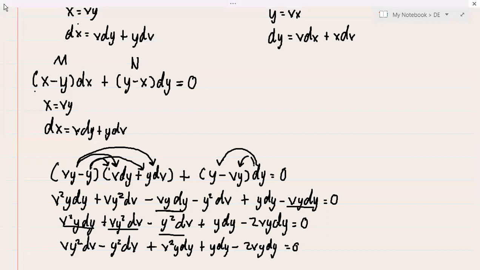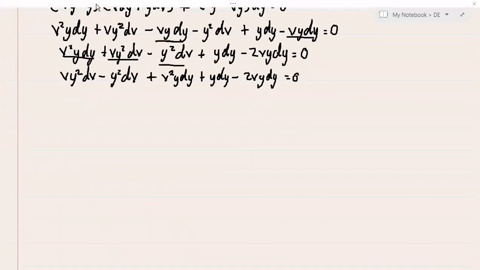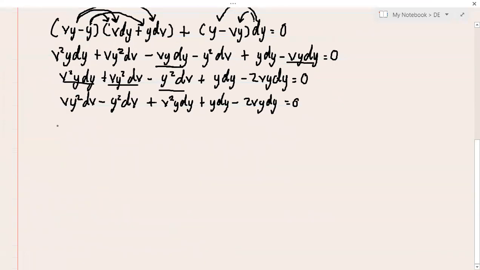So what's the next step? The next step here is I will basically factor out their common factors, which is si dv at saka si dy. Dito sa first two terms, i-factor out ko si dv kasi yan yung common factor niya. So I will have quantity vy squared minus y squared times dv. Then, pwede nyo naman ito gawin: kapag dito sa loob ng parenthesis, sa tingin nyo meron siyang greatest common factor na pwede mong i-factor out, wala naman akong problema.